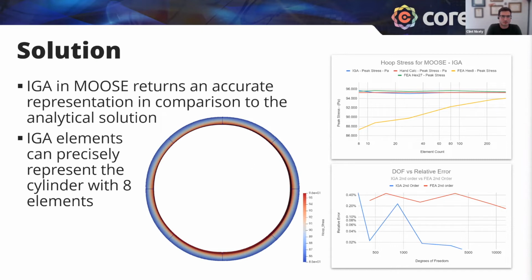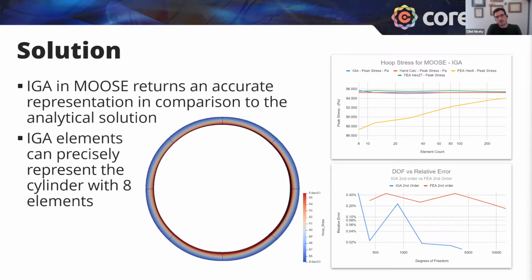We'll walk through this. The top right plot is just a hoop stress convergence. We're looking at just a straightforward element count in this plot. And the IGA result, which is the blue line, is a little bit hard to see because it's obscured by the analytical solution line.